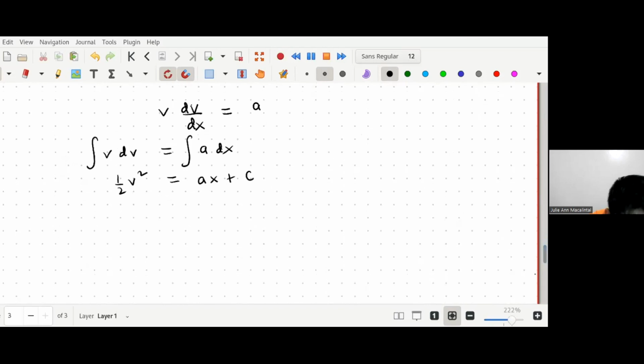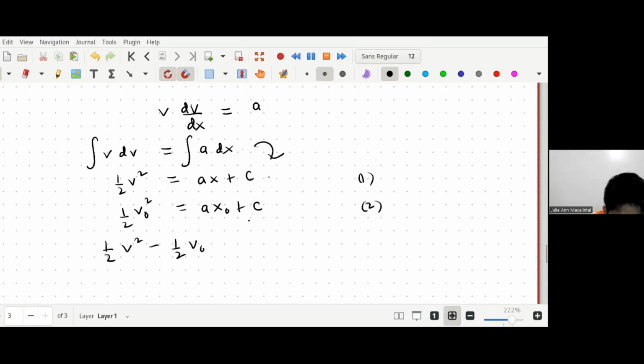So yan yung isang function na pwedeng i-fit. Ngayon, hindi siya ang useful na ano dyan, but we know na 1/2 initial speed squared equals a times the initial position plus a constant will satisfy this. So ito yung solution lang ng integral, and then ito yung initial condition. So if we subtract, we'll have a times x minus x of 0, tapos yung constants magka-cancel.